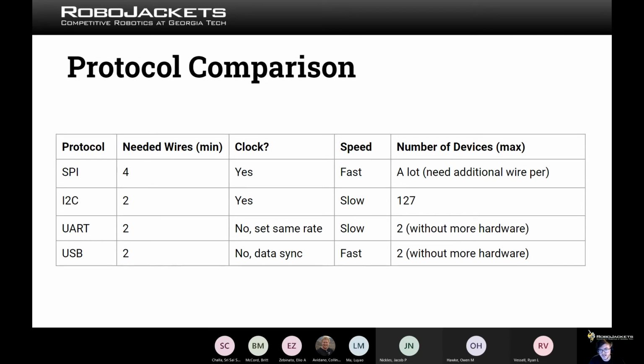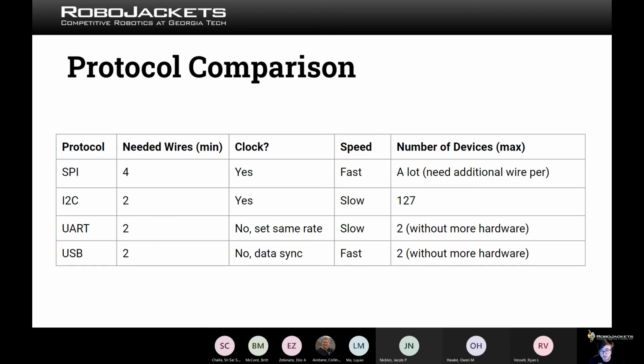USB many years ago was probably on the same data rates as UART, but because every device that interacts with a computer is now USB, the USB consortium has been focused on making the hardware requirements more specific and more effective, so they can push the speeds of the communication bus.